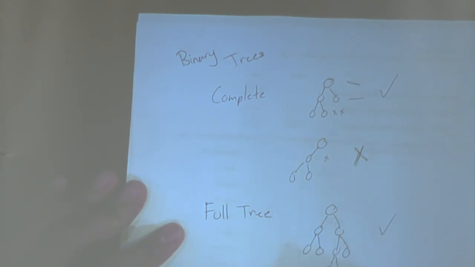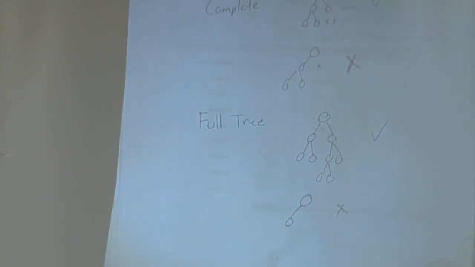But if we do this, this is not a full tree because this parent node has only 1 child. It should only have 0 or 2 children. So it needs to have another child here, or we just kill off this one to make it a full tree.